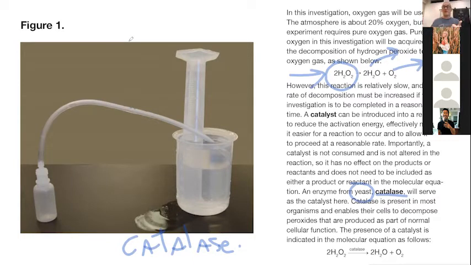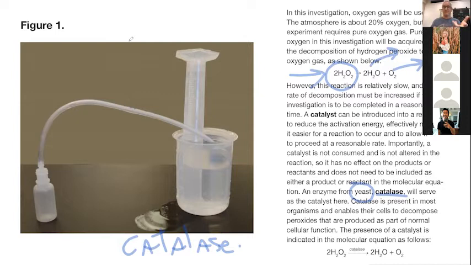So it's very, very fast. Like 1 molecule of this catalase enzyme can cause like billions of molecules of O2 to be released in seconds. So it's a very, very fast reaction.